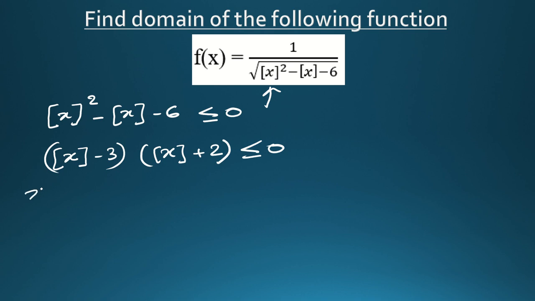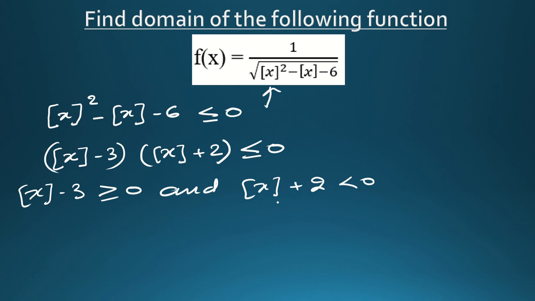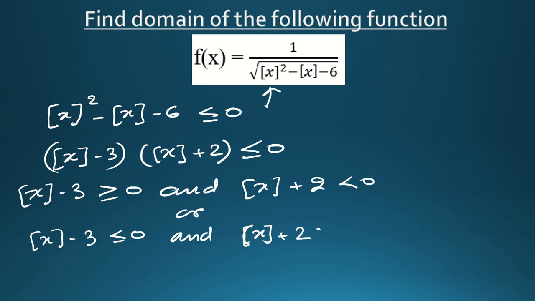So it means either greatest integer x minus 3 will be positive and greatest integer x plus 2 will be negative, or greatest integer x minus 3 will be negative and greatest integer x plus 2 will be positive.